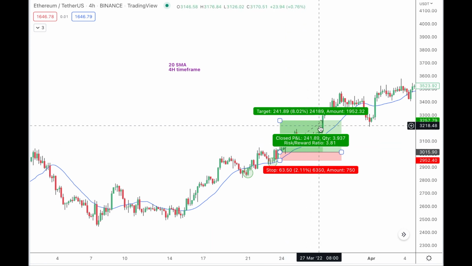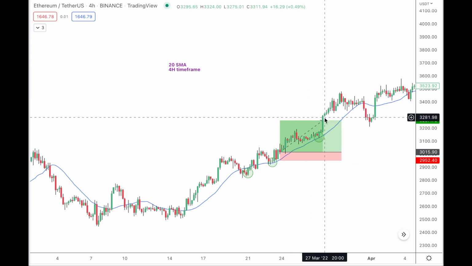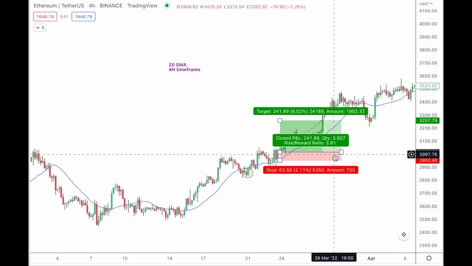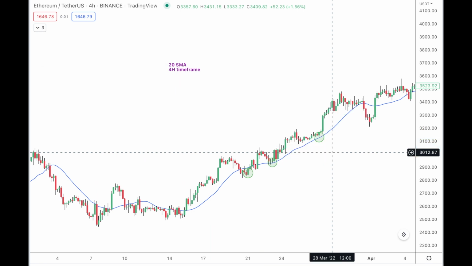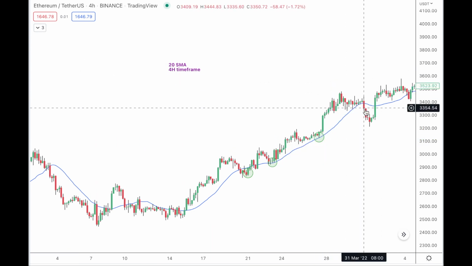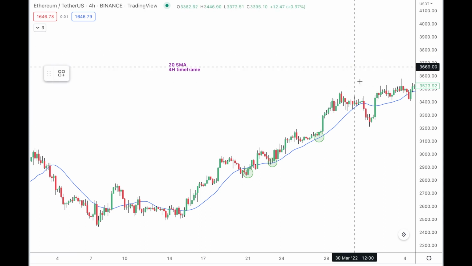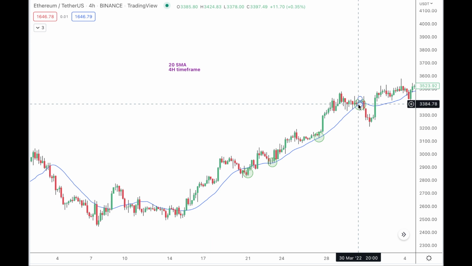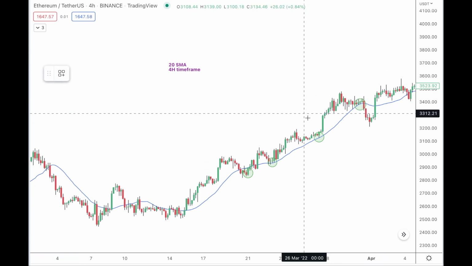And then let's go on with another example. Over here we can see that price did consolidate towards the trend line, towards the MA, but it did break down below it.